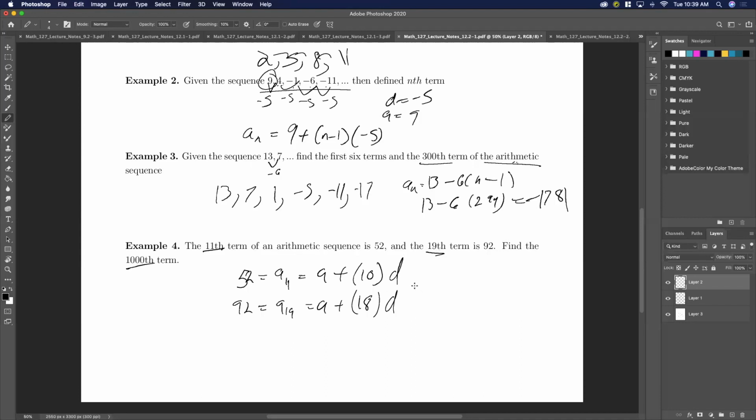And now all we have to do is tease out what is what, right? I don't know if you guys have solved simultaneous equations before.